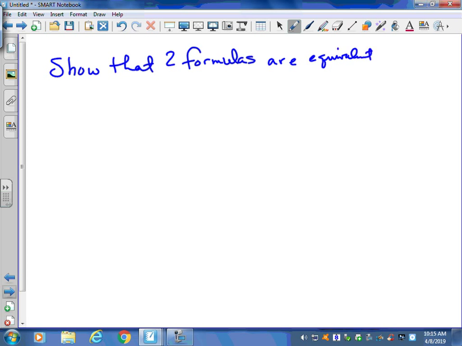So we have 2 integration problems. One said somebody did tangent of x dx and got negative ln of the cosine of x plus c, which I think is actually the formula on your formula sheet that we talked about on Friday.